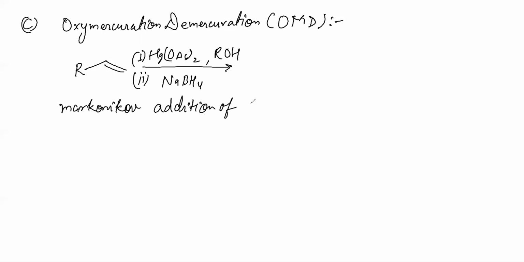Markovnikov addition of RO minus and H plus, in anti manner. Do you know this? I know this sentence. Markovnikov's addition of RO minus and H plus, but in anti manner, not in syn manner.